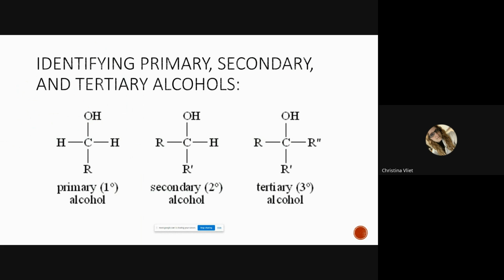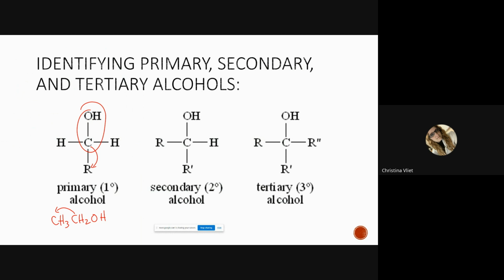It's just how many carbons are attached to the carbon that has the alcohol. If the carbon is only attached to one other carbon, we call it primary. An example of this would be CH3, CH2, OH. The carbon is only attached to one carbon.